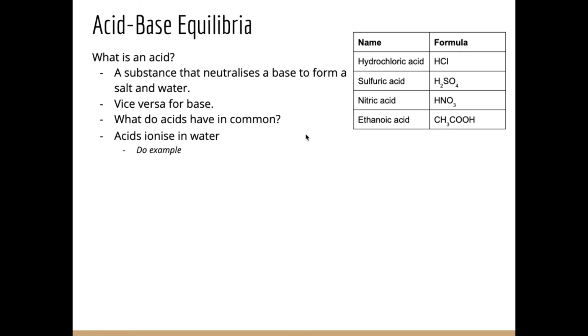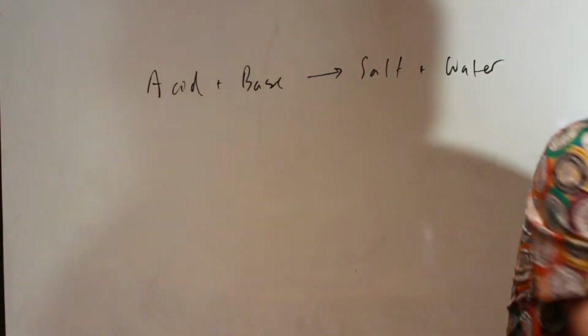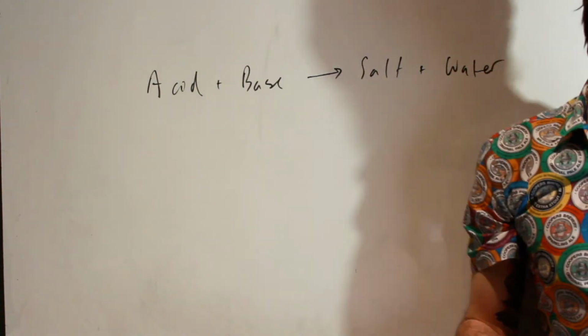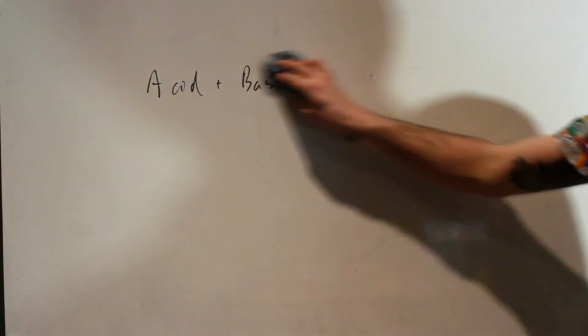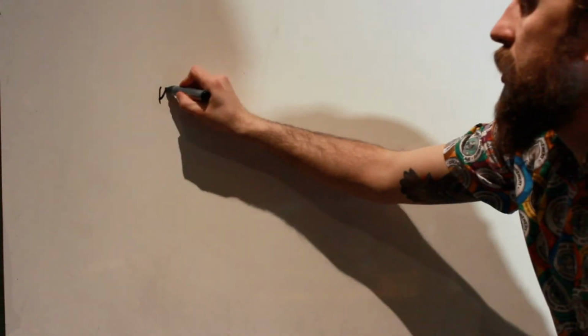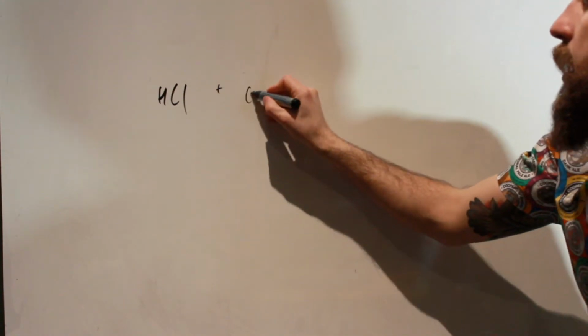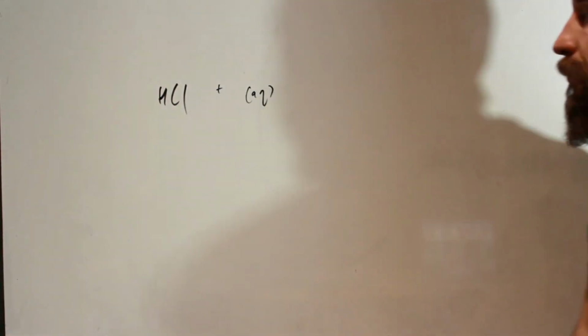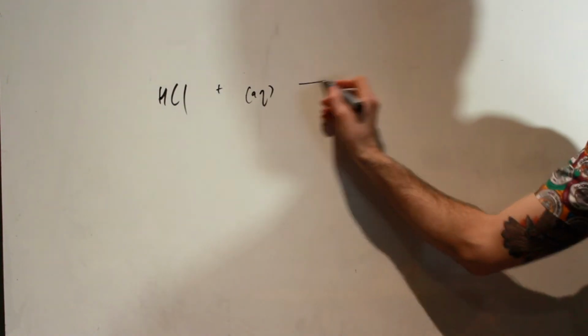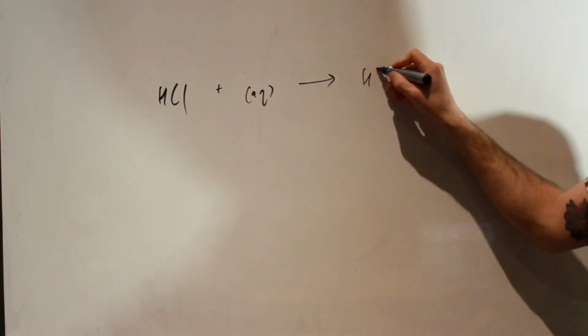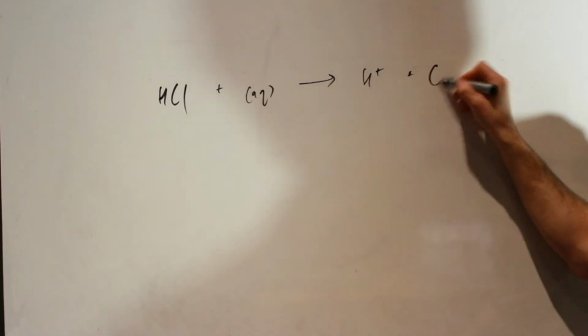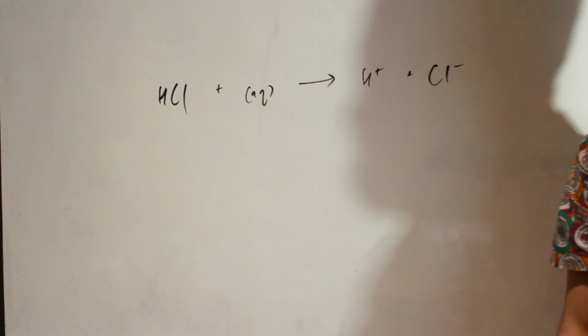If I have something like hydrochloric acid, so I'm going to get rid of my general reaction here. Let's think about if I've got hydrochloric acid, HCl, in an aqueous solution. I have that in water. What happens is it will ionize into an H+ ion and a Cl- ion.